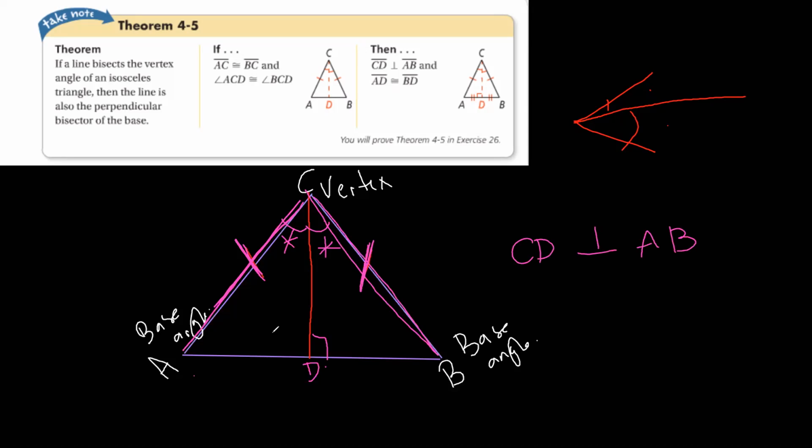And since it is a bisector, it must be perpendicular. Because of that, I can say now it cuts also the side.